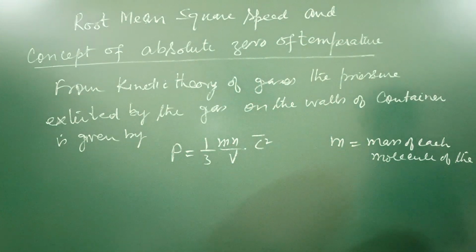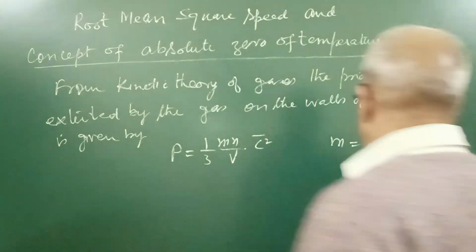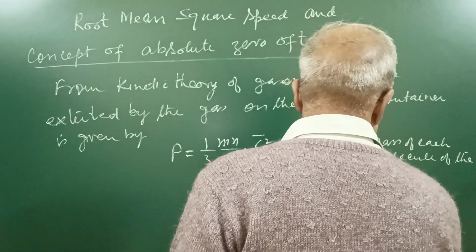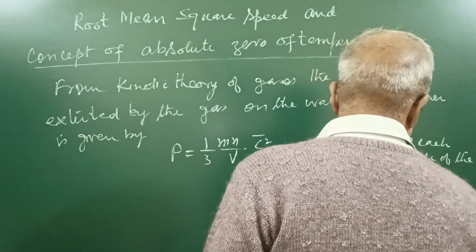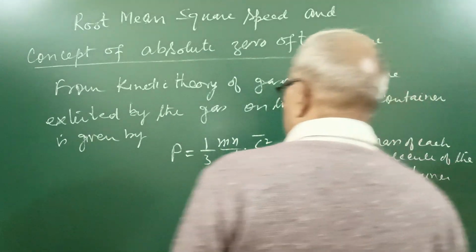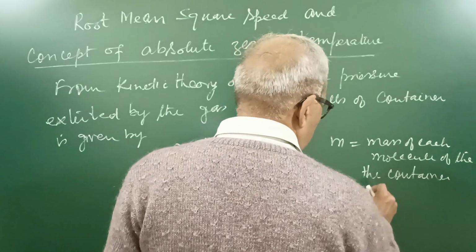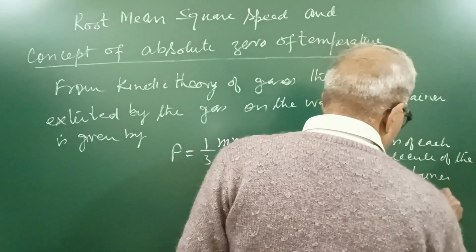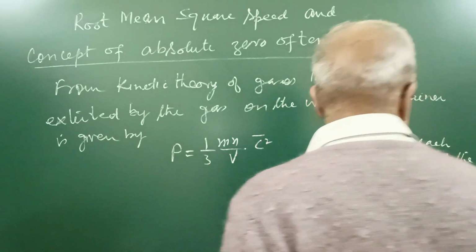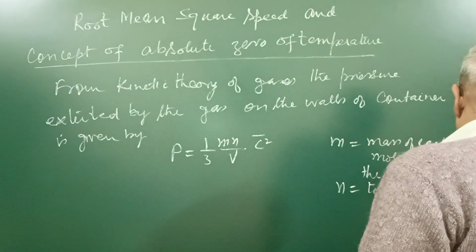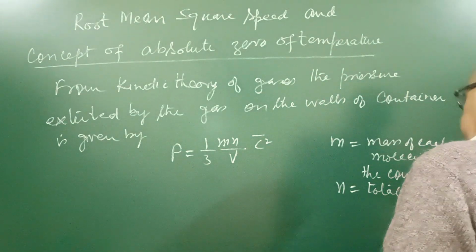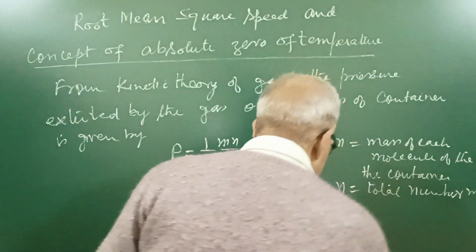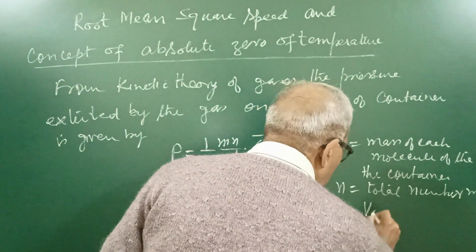m is the mass of each molecule of the gas in the container. N is the total number of molecules. V is the volume of the container.